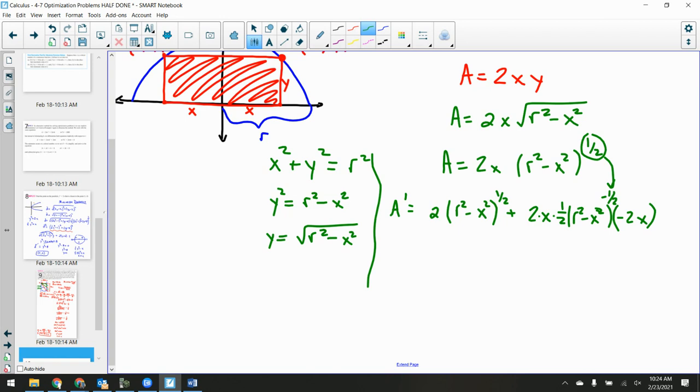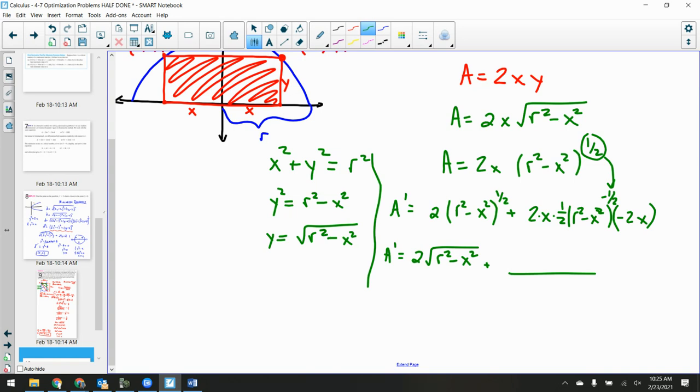Okay, so now let's reduce it a little bit. So a prime is equal to, all right, we got 2 times the square root of r squared minus x squared. I'm going to put it back into the square root because it's a little easier to write like that. Now, this is going to go into the denominator, right?